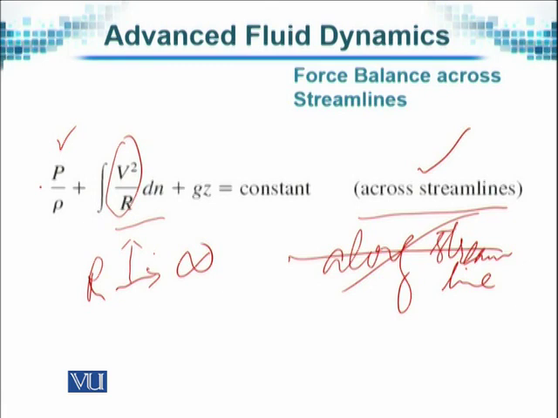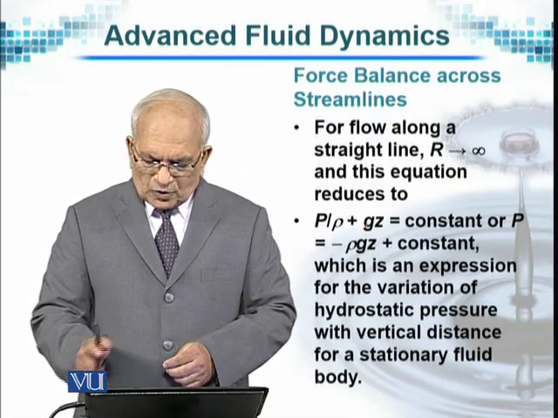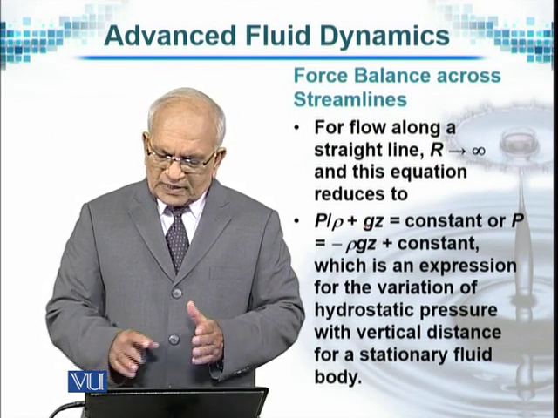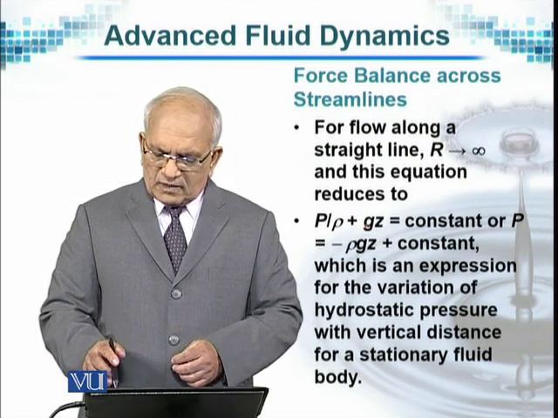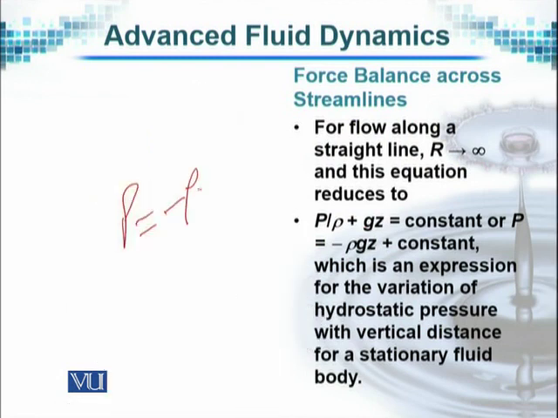So p over rho plus gz is constant. So the same thing can be written as P is equal to minus rho gz plus some constant c.